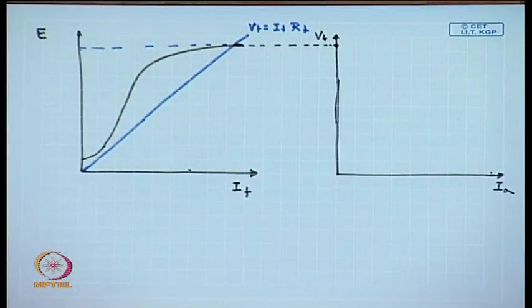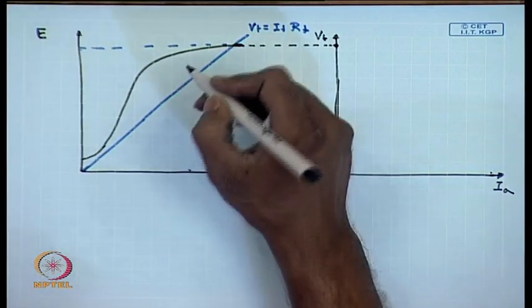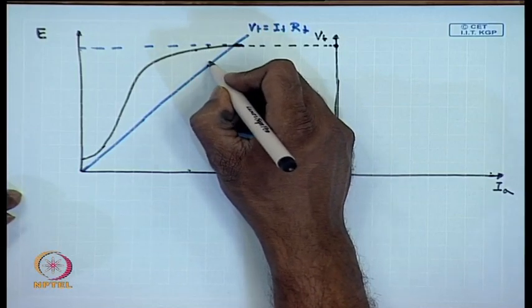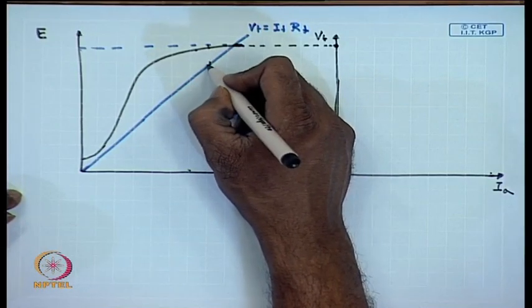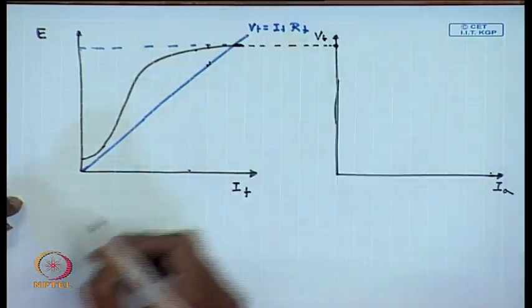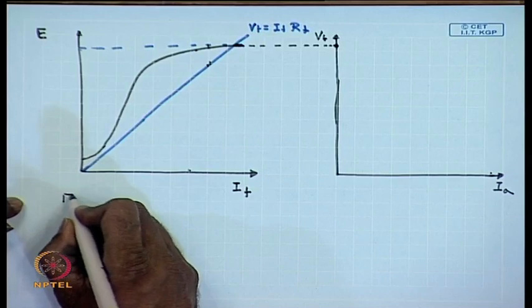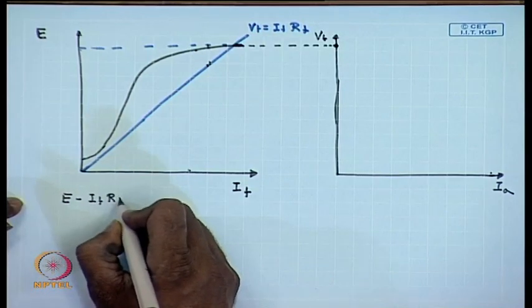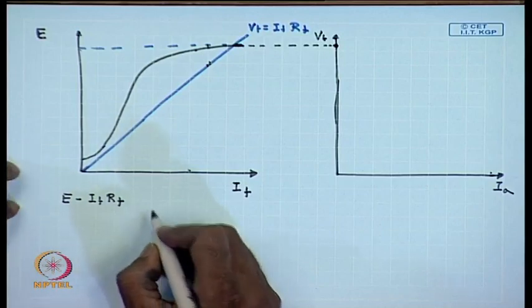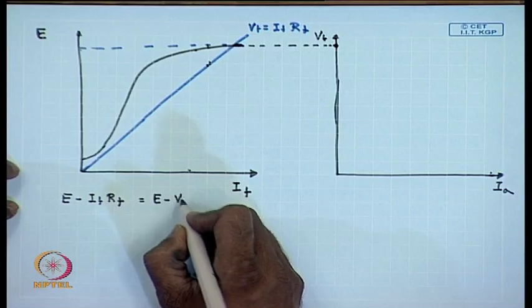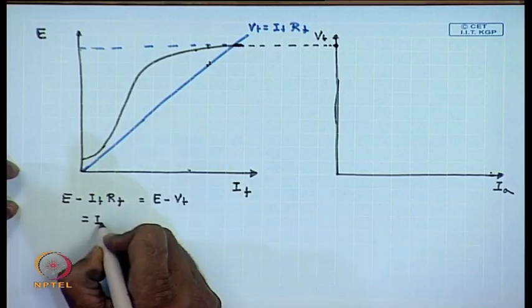At any other armature current, it should be appreciated that the difference between the OCC and the field load line, given by E minus If Rf, that is equal to E minus Vt, is nothing but Ia Ra.